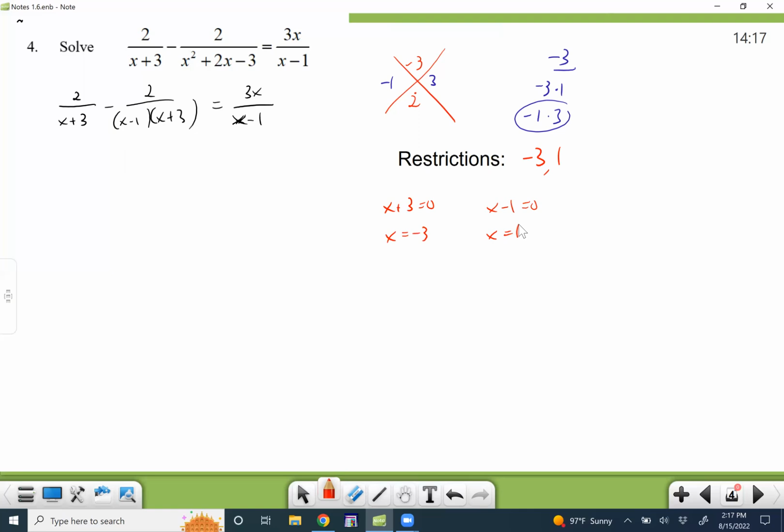The LCD here is everything that we see in the denominator. So I see an x plus 3 for my LCD. I also see an x minus 1. So I'm going to multiply x plus 3, x minus 1 to every single term. Top only, guys, top only.